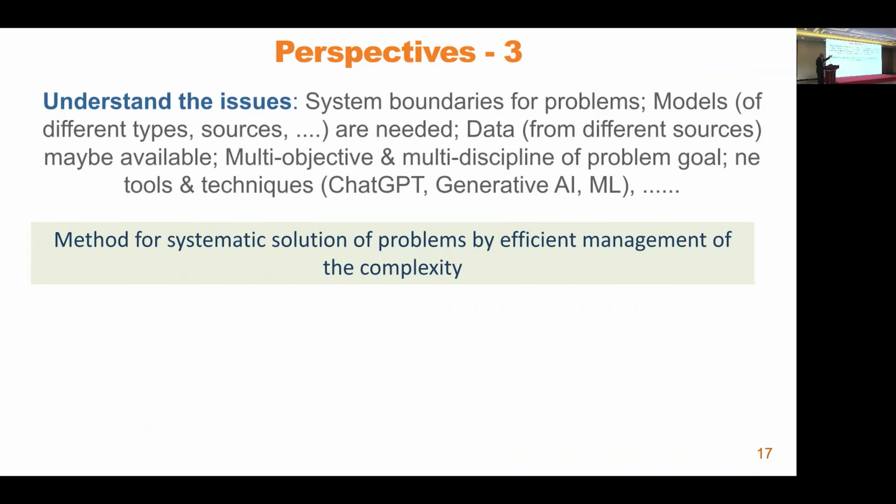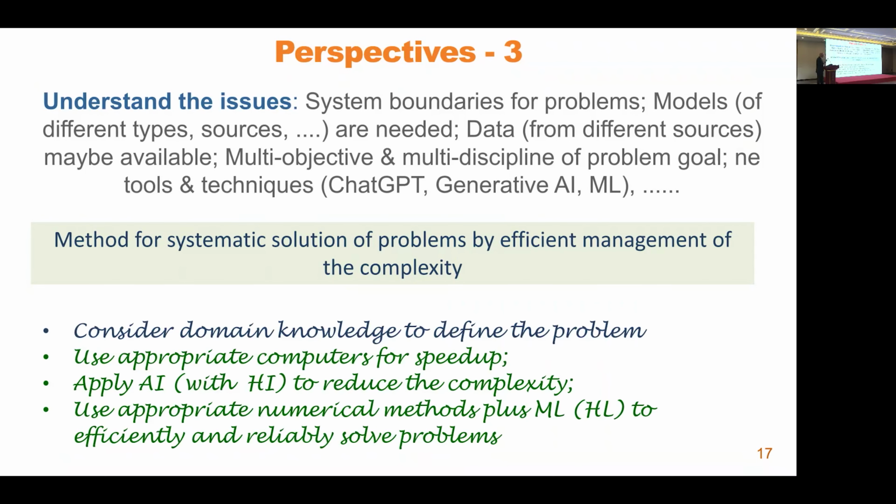What are the issues? I've just listed them, including ChatGPT, generative AI, machine learning, and so on. And what I would suggest is to consider domain knowledge to define the problem. We should not forget the fundamental principles. Use appropriate computers for speed up. We cannot solve hundreds of equations by hand.